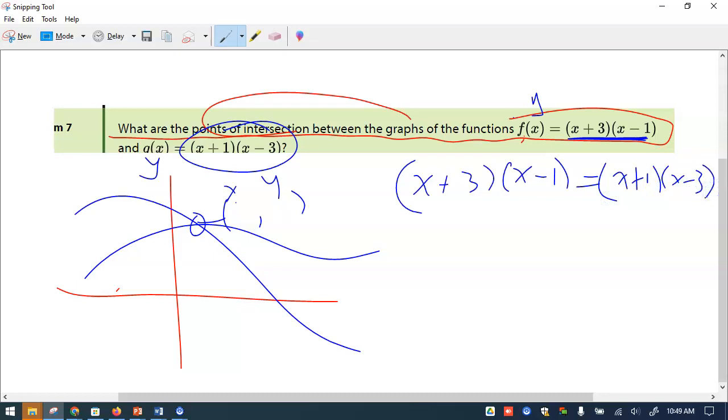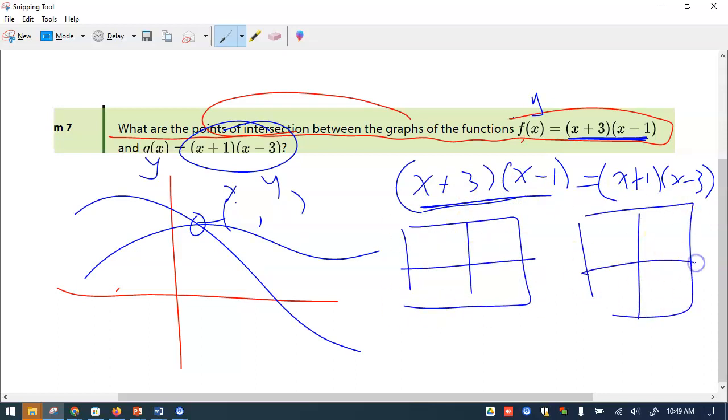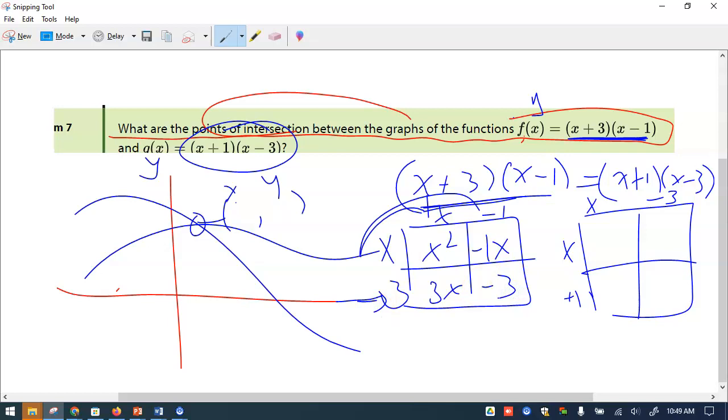So all you do is use the box method, or you can use the FOIL method too, or you can make two boxes this way and figure it out. You have x plus 3 and x minus 1, then x plus 1 and x minus 3. Using the box method: x times x is x squared, then x times minus 1, then 3 times x is 3x, and 3 times minus 1. Eventually you get x squared, combine and you get plus 2x, and minus 3, right?